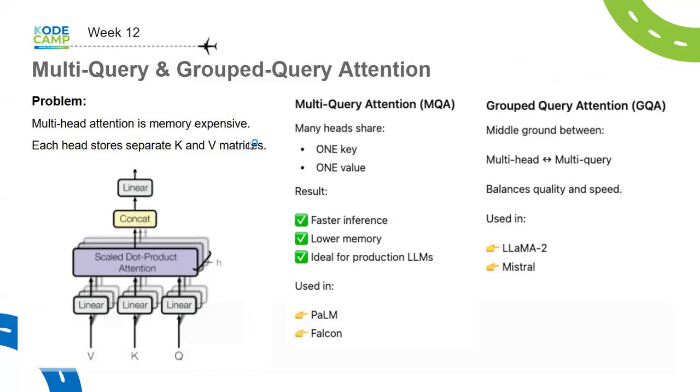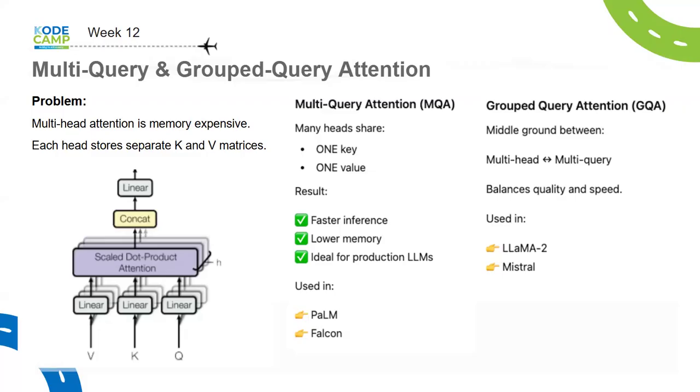We have what we call multi-query, and you have grouped query. Multi-head attention is memory expensive, because each head will store separate key and value matrices, so it takes a lot of memory.